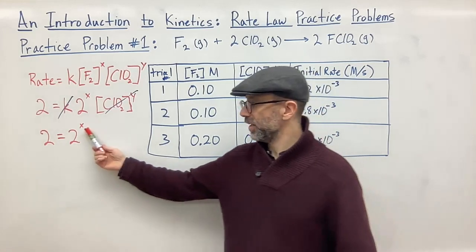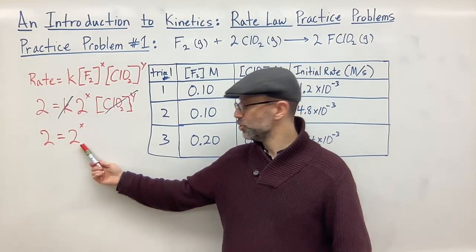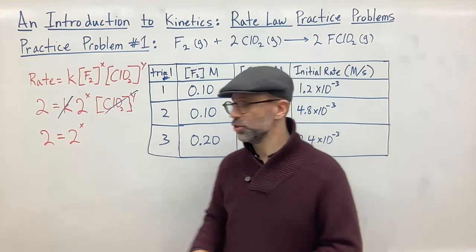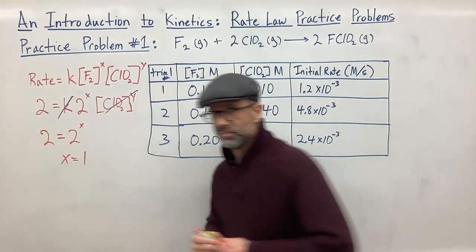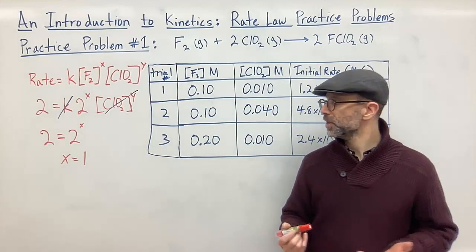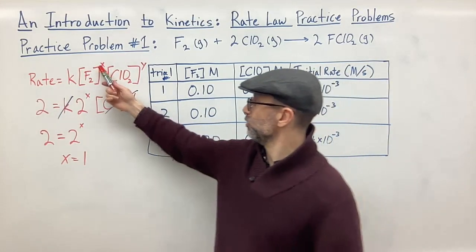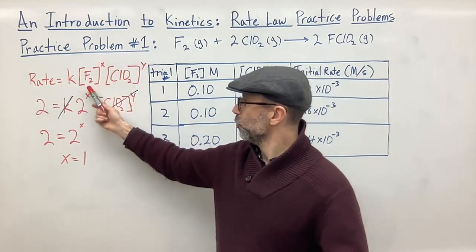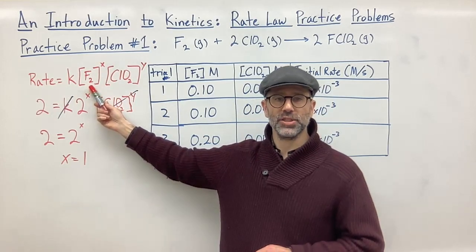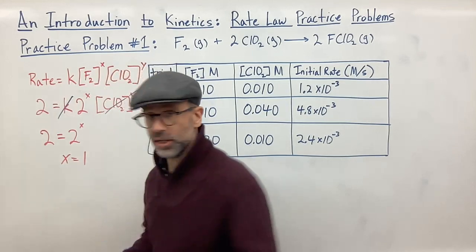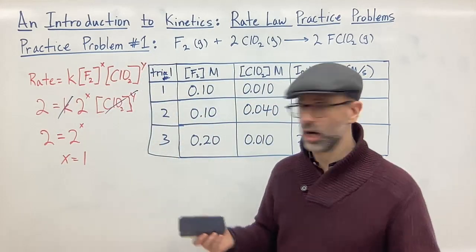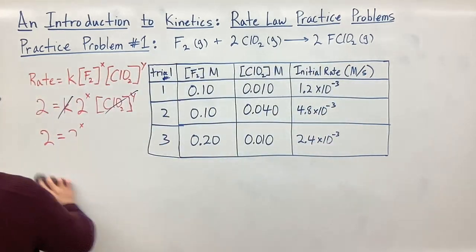Well, that means that x has to be 1. 2 to the 1 is equal to 2. So that means x is equal to 1. And that's how you do it. So we know what x is now. So this is first order with respect to the change in concentration of F2. Okay, so there's another way we could do this, maybe a little bit longer way. So let me show you that way.